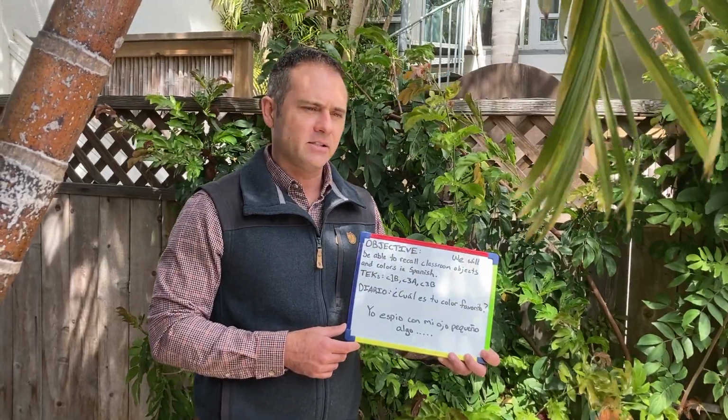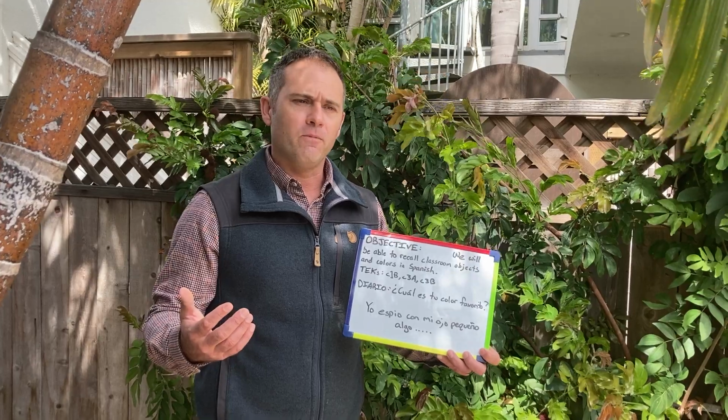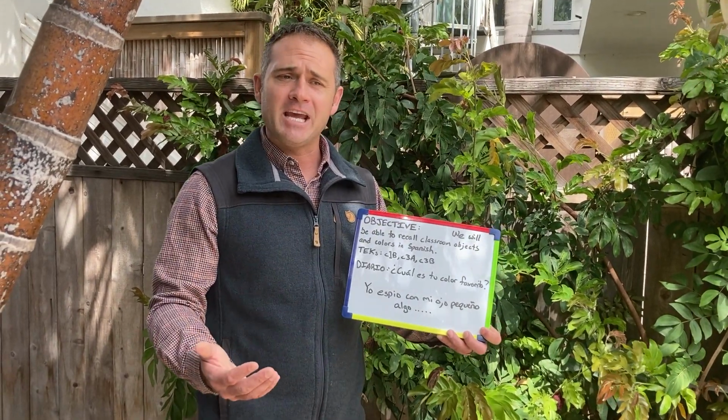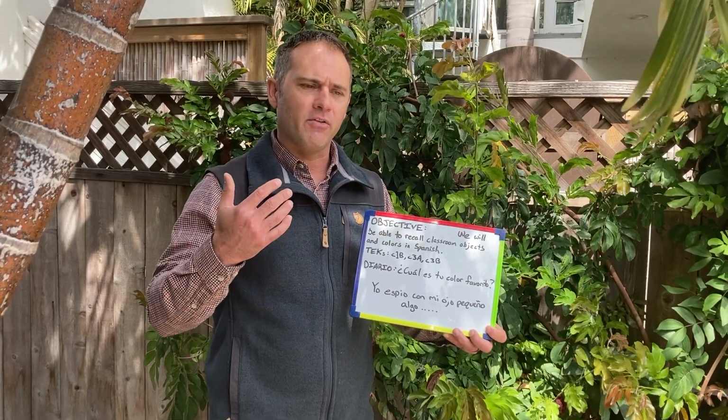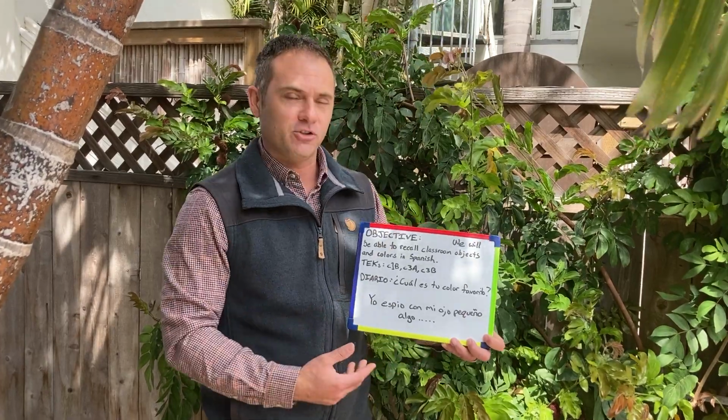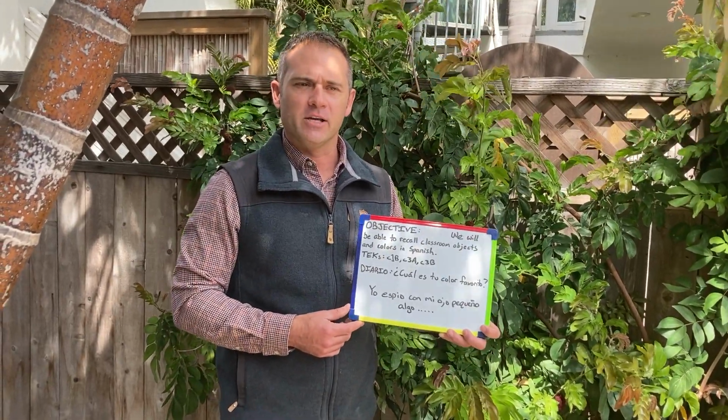As far as checking in and seeing if students are processing the information, if they do know the colors, if they do know the classroom objects, I think playing the game and seeing the kids that are active and raising their hand, talking about the different colors, wanting to be the person who gets chosen to do the Yo Espío.